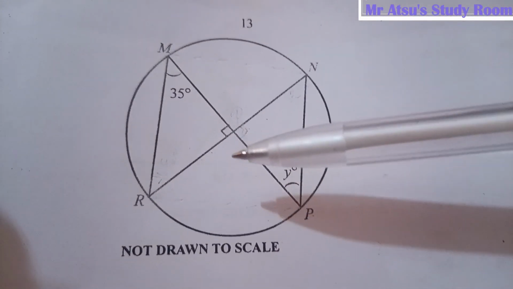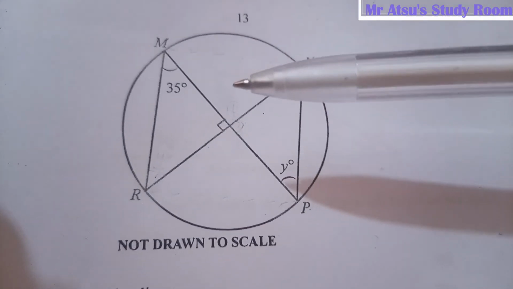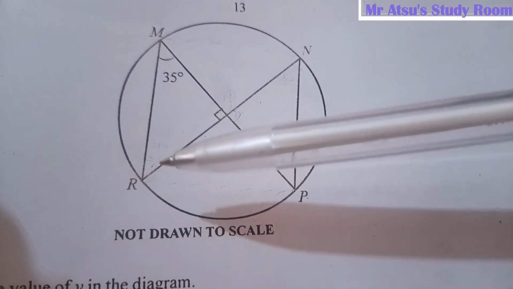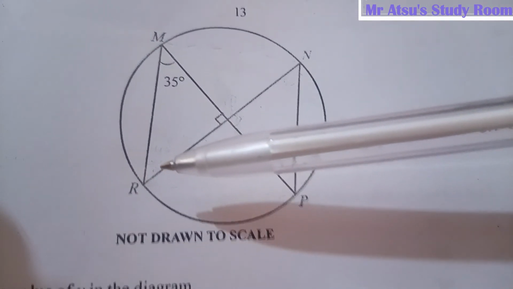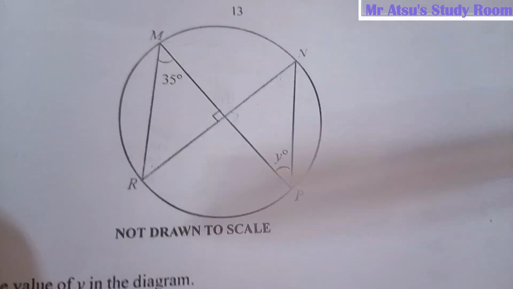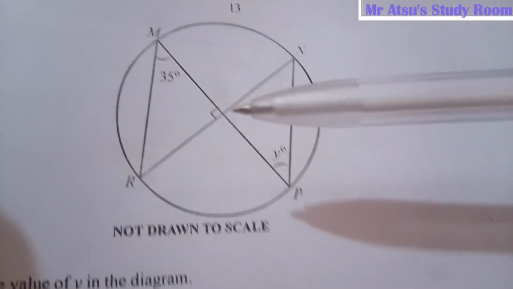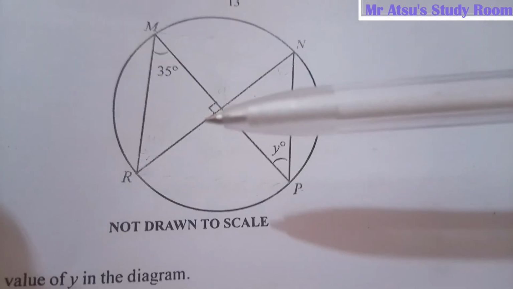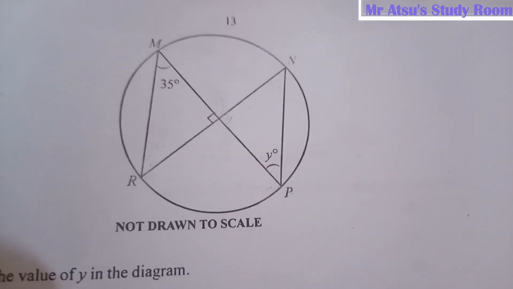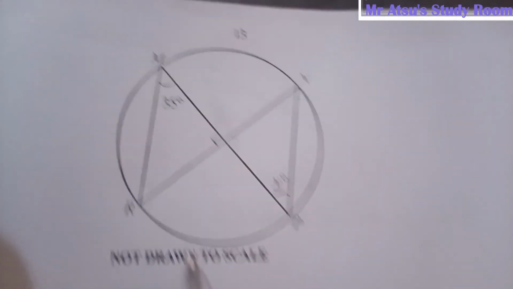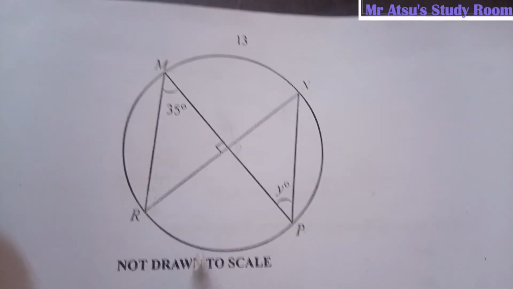Even from the way the diagram looks, it doesn't look like the center. So don't just go and say this is also 35 because that is what we said earlier. No. In the one we said earlier, they told us that O is the center of the circle. But here, they didn't tell us anything. So we don't assume that this is a diameter. No. We just see what we can do.